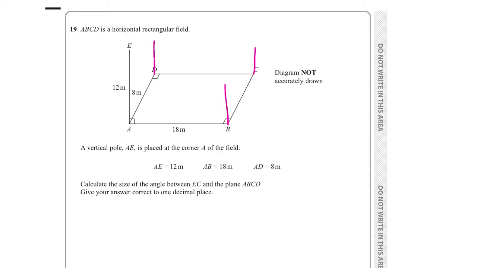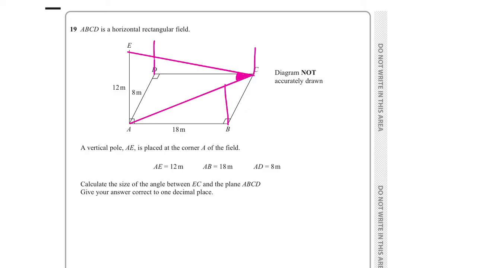So the angle between here and the plane. That means we have to do a diagonal here. It wants this angle. Okay?